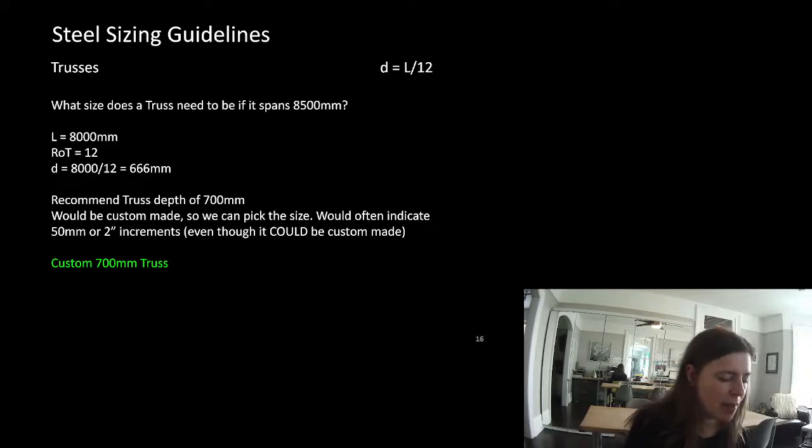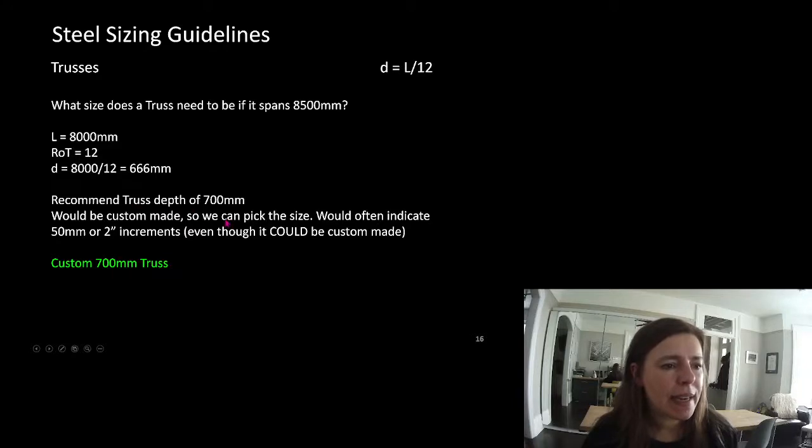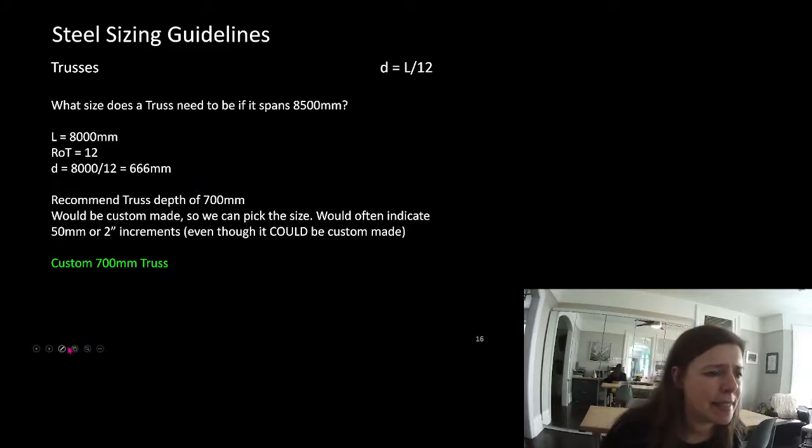Let's see, did I do that math right though? 8,500 divided by 12, 708. What the heck am I doing here? I'm talking nonsense. So ignore this slide and listen to me instead. Here, I'll see if it lets me do this neatly.